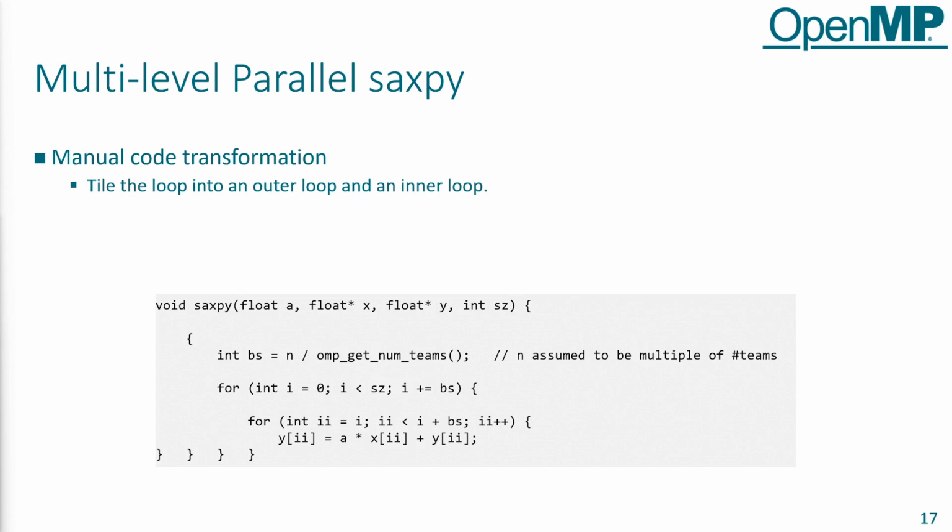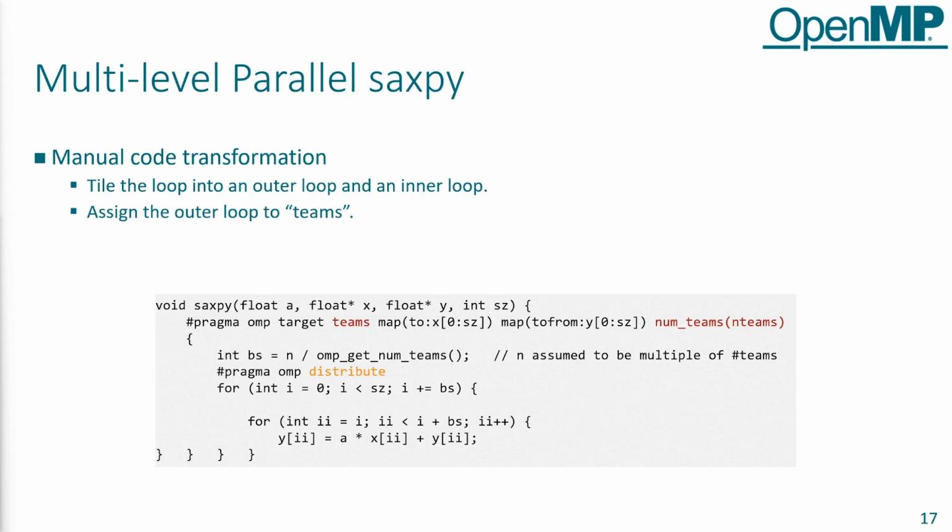Okay. Next I'm adding a bunch of additional pragmas that you haven't seen before. The first one is that I augment target with the teams construct. So it's now OpenMP target teams, to actually exploit those additional teams that I can now span across the multitude of wavefronts, warps, or whatever on your GPU. I'm also adding the num_teams clause to tell the implementation how many teams I want. For an AMD GPU, this could be a multiple of the compute units that you have in your GPU.